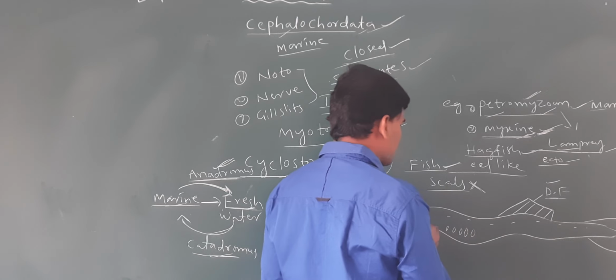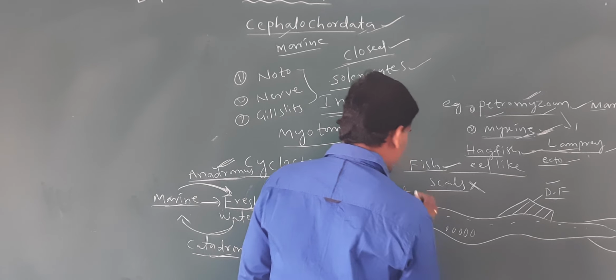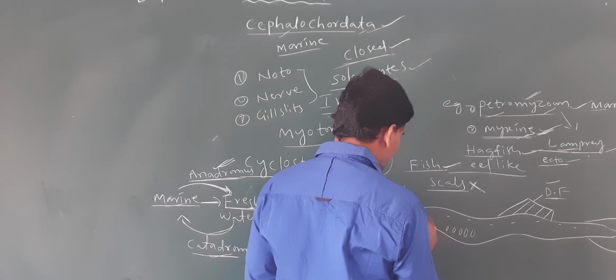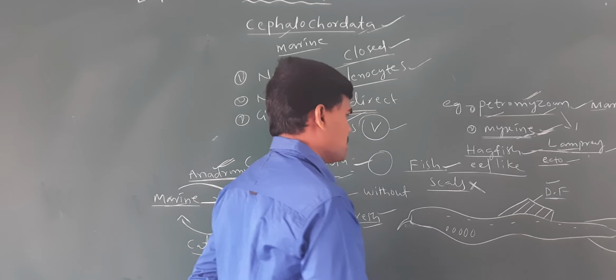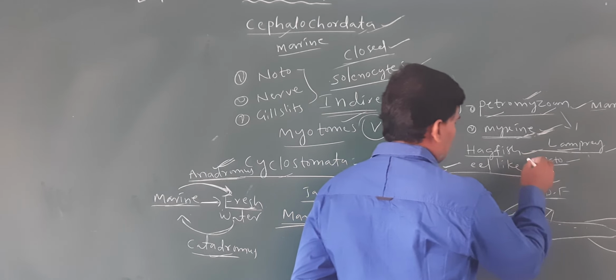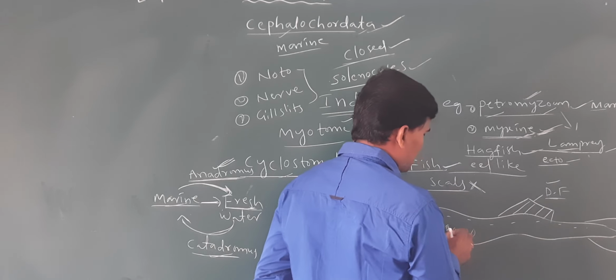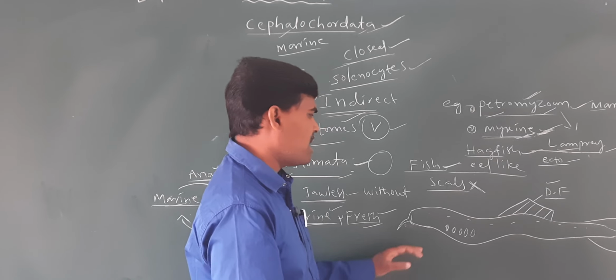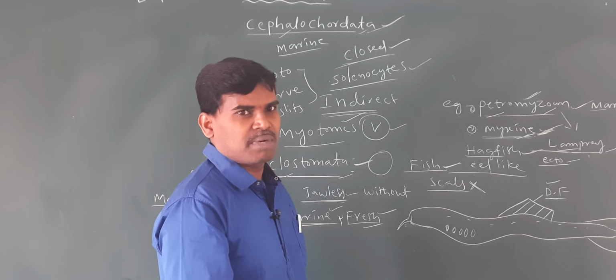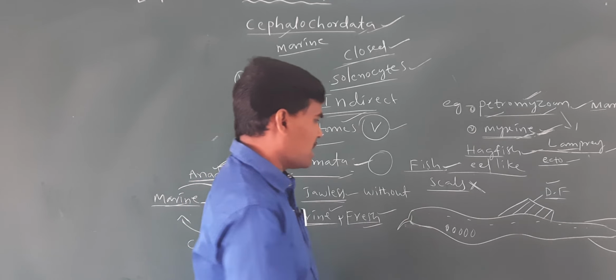This is similar to the Petromyzons. For respiration, Myxins have 5 to 7 pairs of gill slits, and they respire through the gill slits.